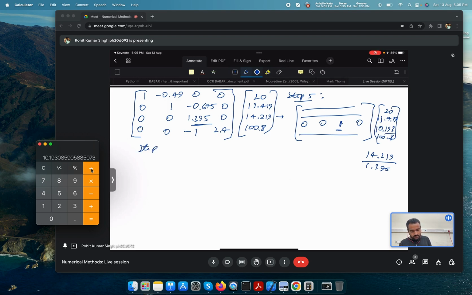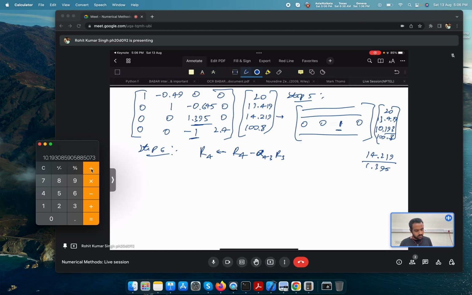Now in step 6, quickly we can see what we have here: R4 minus alpha A43 times R3. For this element, this will be 0, right?